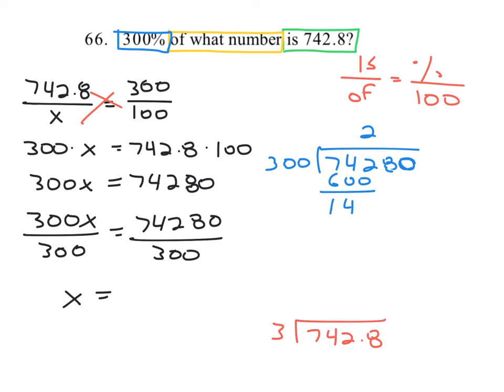So we got 142. Now we bring down the 8. How many times does 300 go into this? Well, 300, 600, 900, 1200, 1500. 5 times is too big, so it's 4 times. That's 1200. We get 228. Bring down the 0.